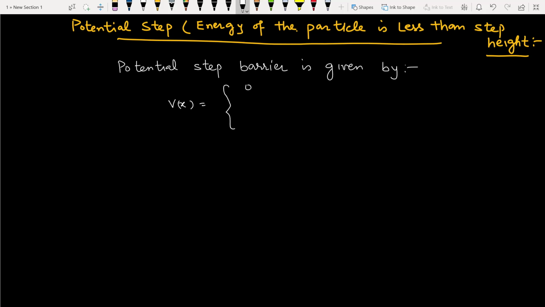It is 0 for x less than 0 and V0 for x greater than 0. We term x less than 0 as region 1 and x greater than 0 as region 2.